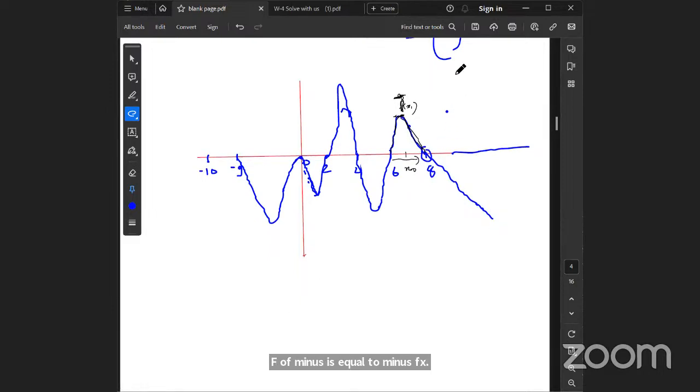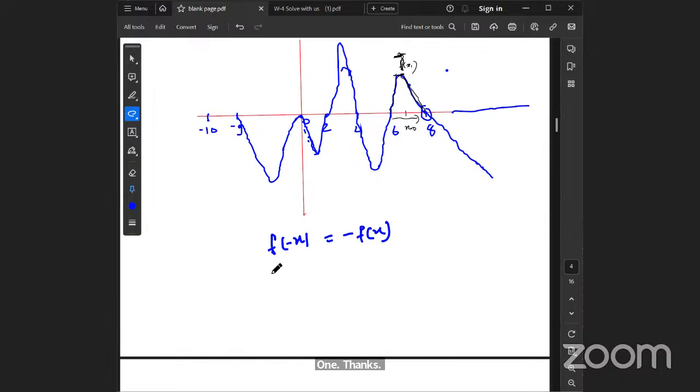If f of minus x is equal to minus of f(x), then only we can say a function is odd, right? Okay, let me ask you one question. What does it exactly mean?